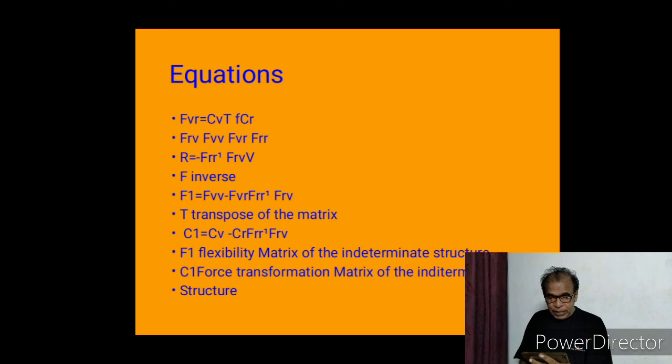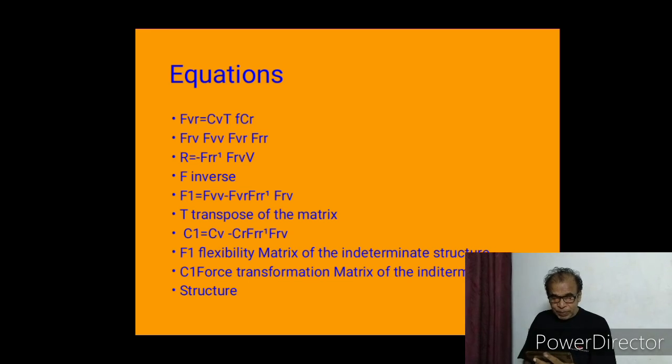FVR means CV transpose F CR. FRR means CR transpose F CR. Transpose of a matrix you know, then you can analyze the problem easily.